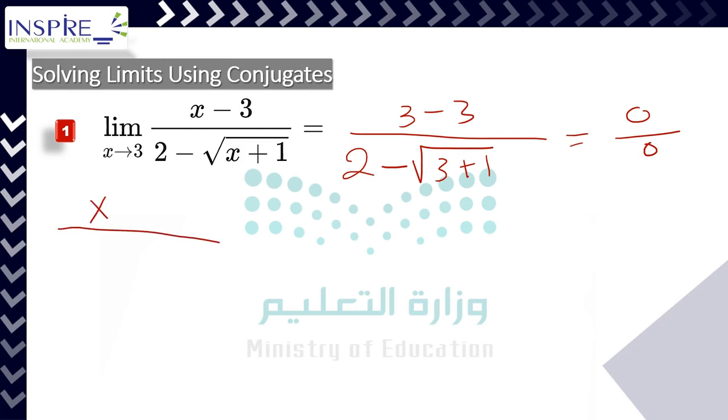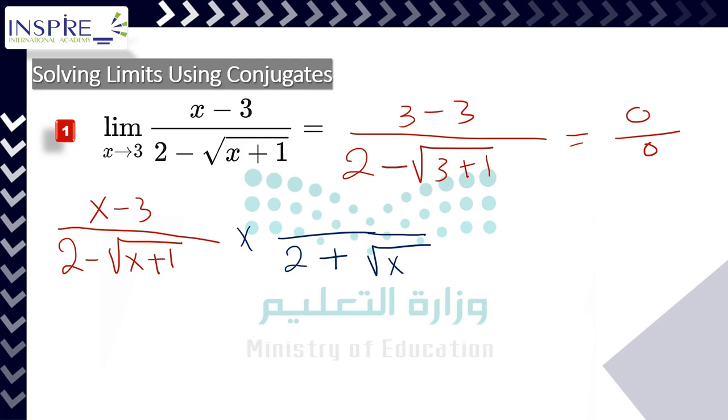Let's start. This is x minus 3 over 2 minus root x plus 1. We will multiply by the conjugate up and down. The conjugate of 2 minus root x plus 1 will be 2 plus root x plus 1, up and down.